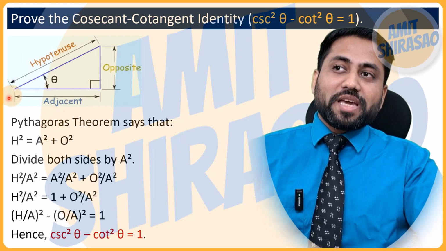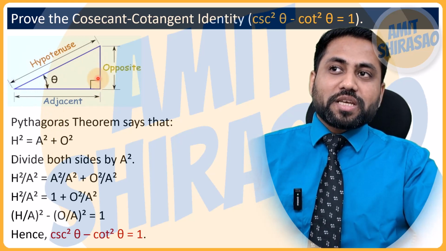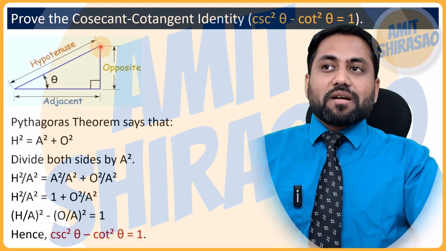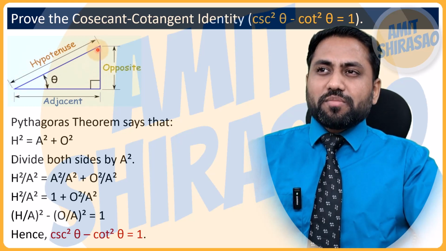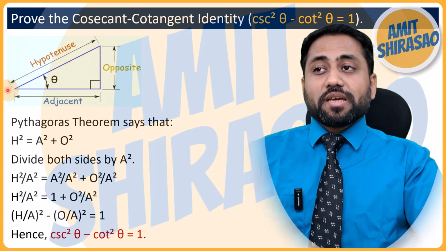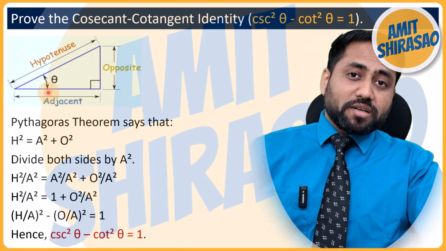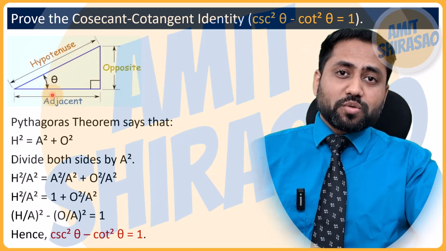This triangle will be a triangle ABC, and then you'll say let angle BAC be equal to theta. Let us imagine that angle BAC is equal to theta.